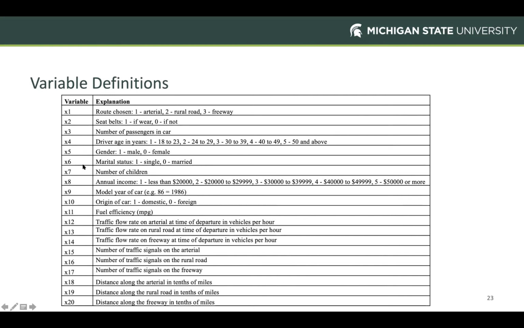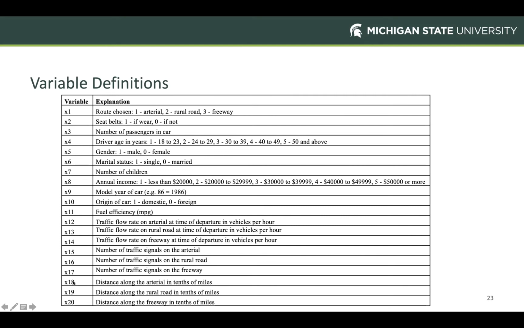We then have a number of characteristics that describe the driver and the vehicle, including whether or not they wear a seatbelt, whether they have passengers in the car, age, gender, marital status, number of children, and income. And then on the vehicle side, we have the model year of the car, whether it's domestic or foreign, and its fuel efficiency.